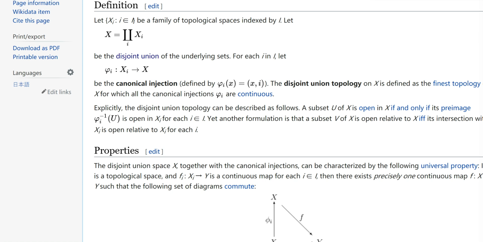Explicitly, a subset U of X is open in X if and only if its pre-image under each injection is open in X_i. Yet another formulation: a subset V of X is open in X if and only if its intersection with X_i is open for each i.